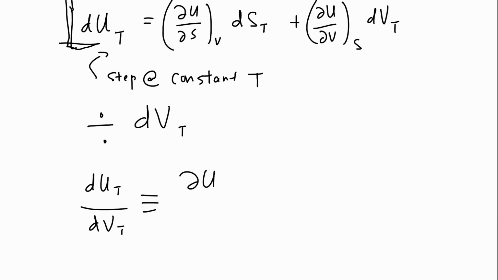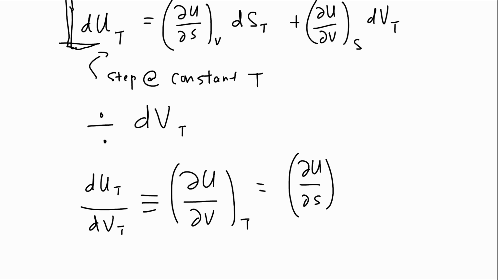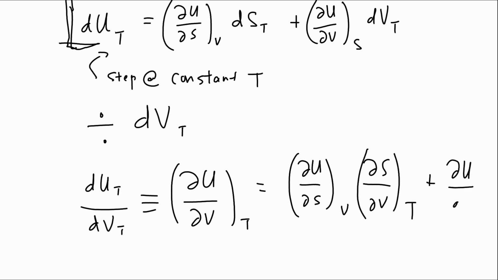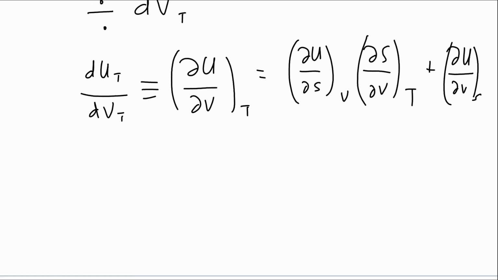That's what I mean by partial U, partial V at constant T. And it's equal to partial U, partial S at constant V, times partial S, partial V at constant T, plus partial U, partial V at constant S. If you can read the subscripts.